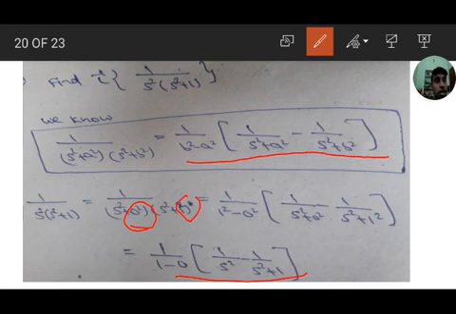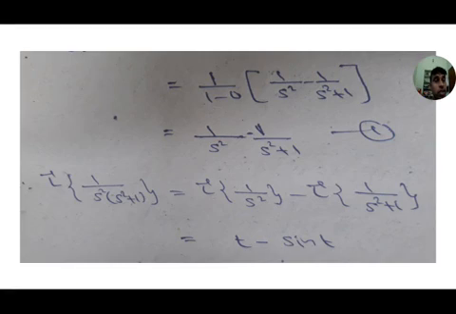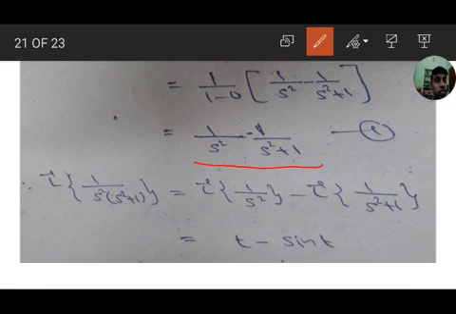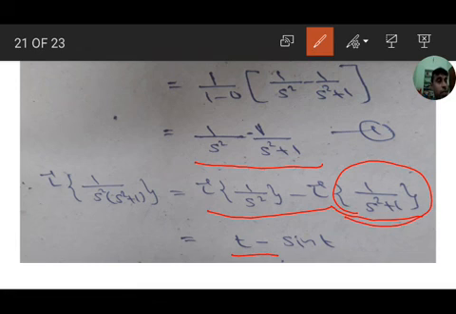Substituting values, we get 1 by s square into s square plus 1 equals 1 by s square minus 1 by s square plus 1. Applying the inverse Laplace transform, L inverse of 1 by s square is t, L inverse of 1 by s square plus 1 is sin t, therefore t minus sin t.